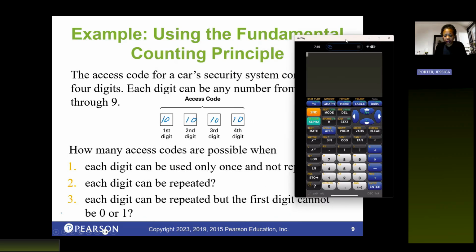We'll calculator up here. 10 to the fourth power. That's going to be 10,000. Did you all get that?